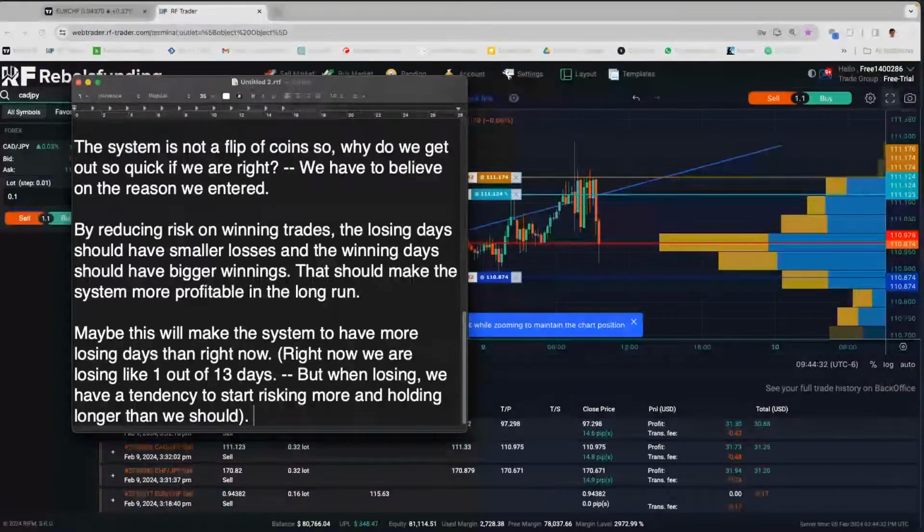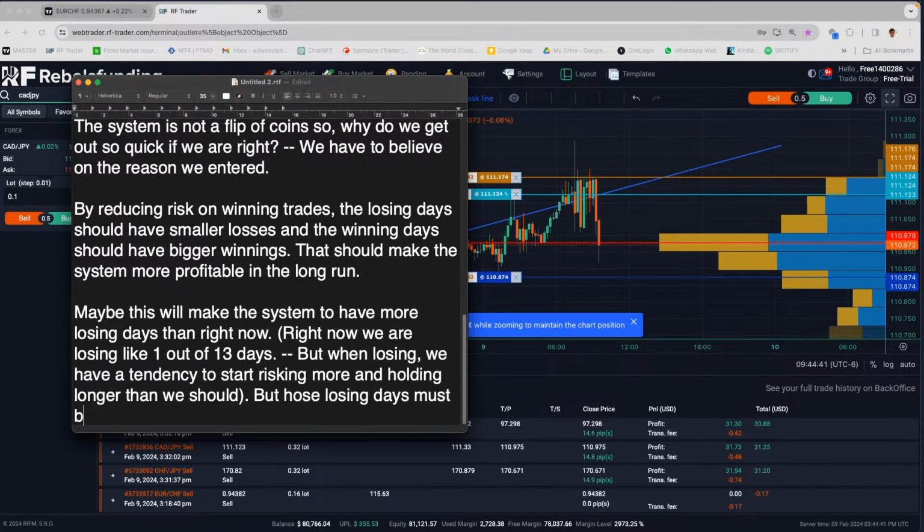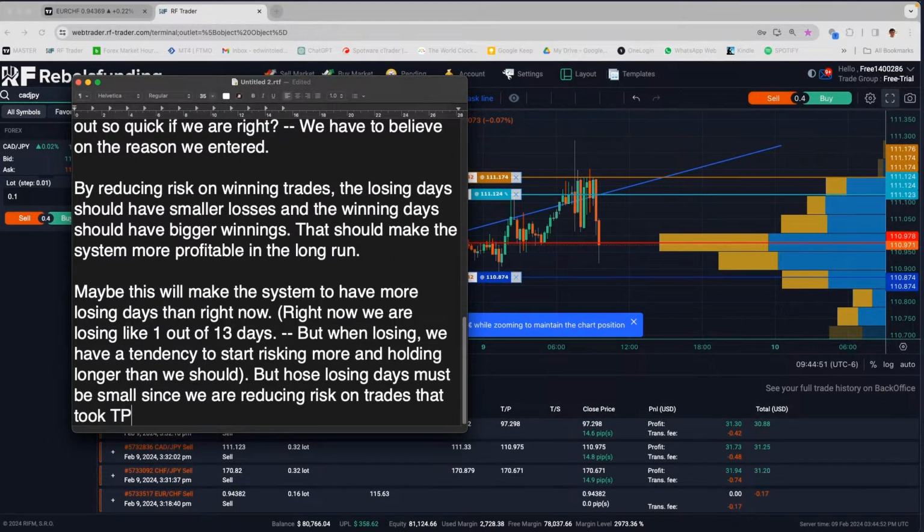Maybe this will make the system have more losing days than right now, but those losing days must be small since we are reducing risk on trades that took TP1.